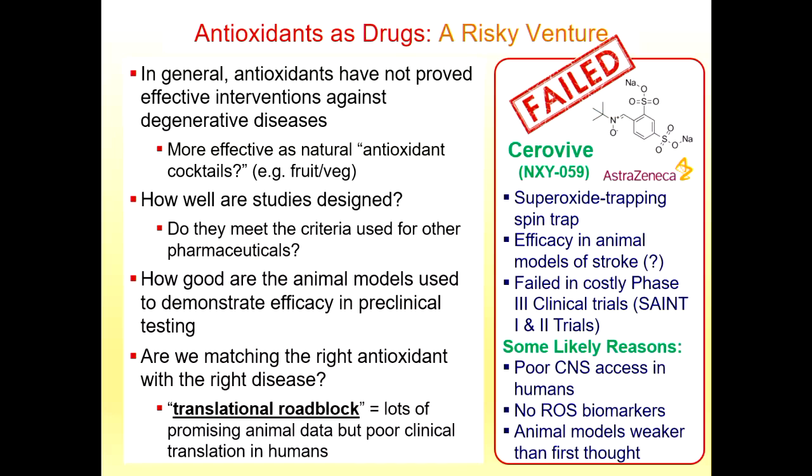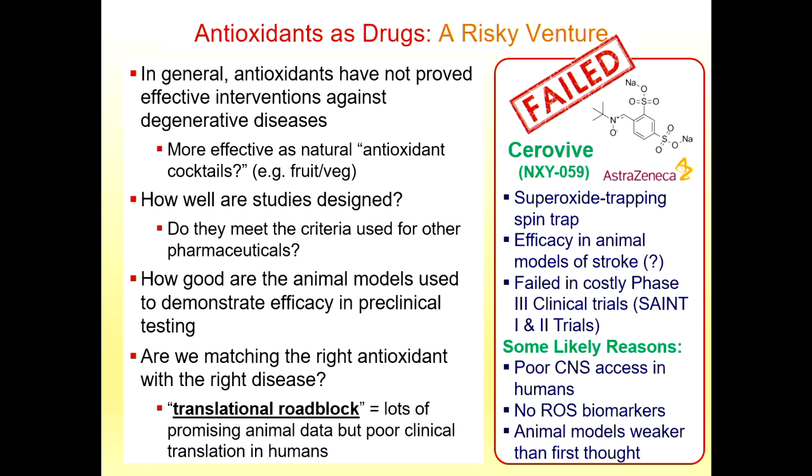It didn't have good CNS access, so it didn't get into the brain. They also didn't incorporate ROS-related, reactive oxygen species-related biomarkers. We'll come back to that in a minute. So no one even knew if they were achieving antioxidant effects in the patients treated with this drug. And also people went back and looked at their animal models and realised they are pretty poor models of human stroke.